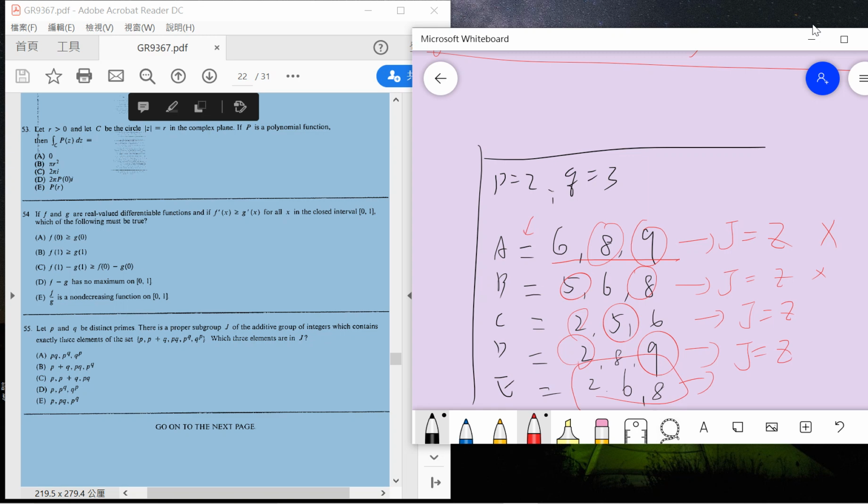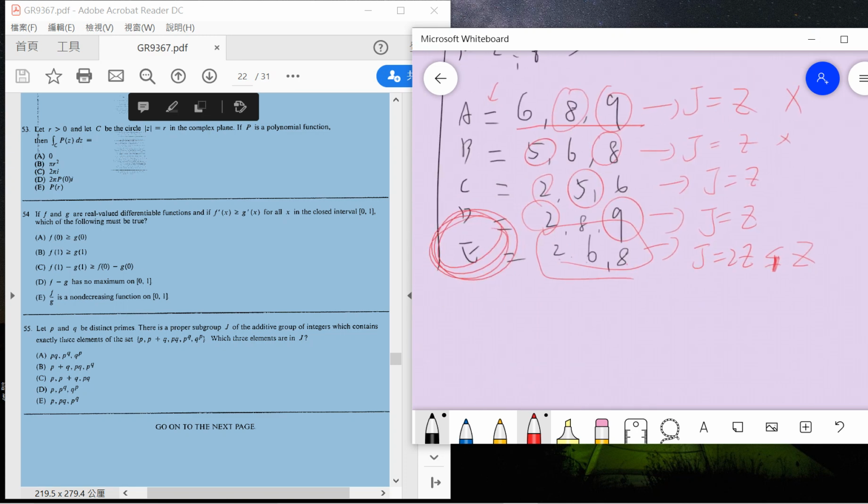This one says that 2, 6, 8 are all multiples of 2. So now J is 2Z, which is definitely a proper additive subgroup in Z. So the answer is E.